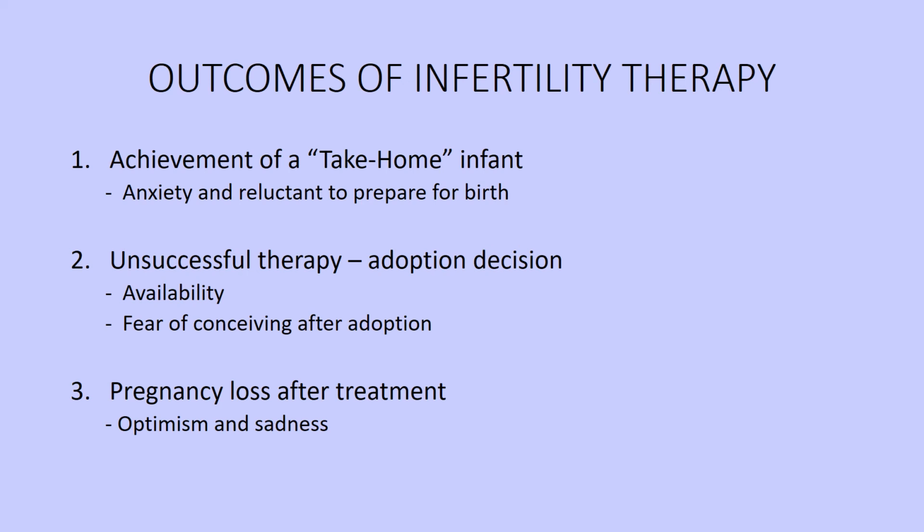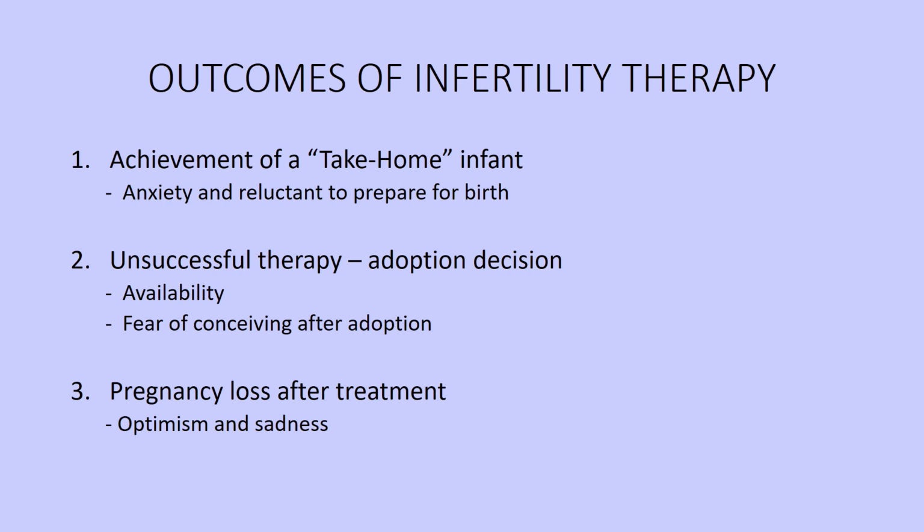The second outcome is an unsuccessful therapy. This could lead the couple to discuss adoption, depending on what age or what race of child they want. There might not be a child available at the time, so they might have to wait for the market to open up again.